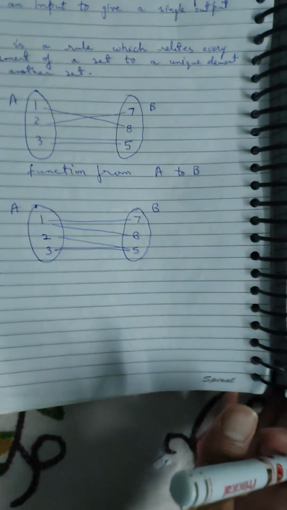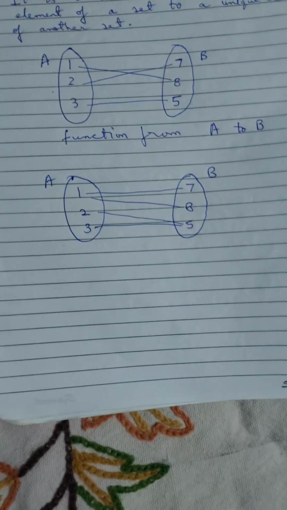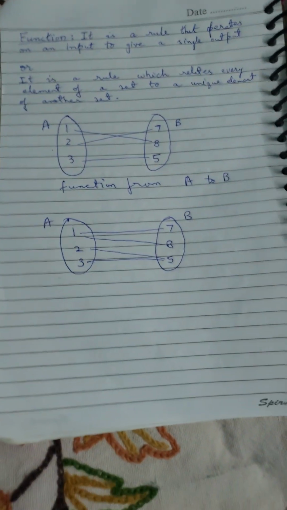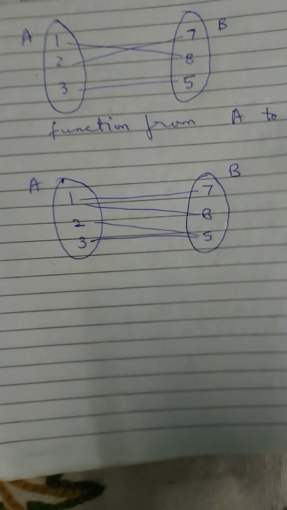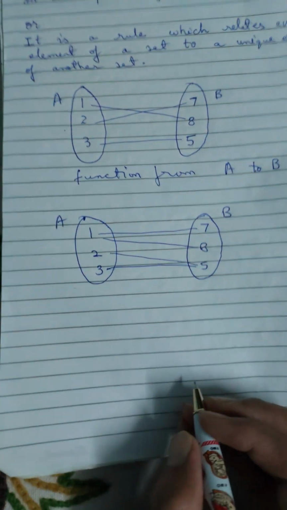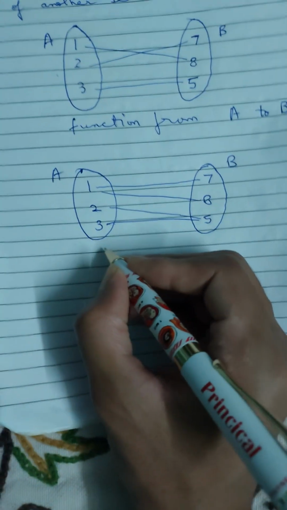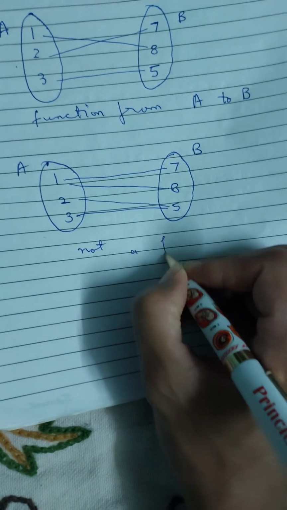Now I'll give you another example of these same two sets. So this was the uniqueness factor violated. So this is not a function.